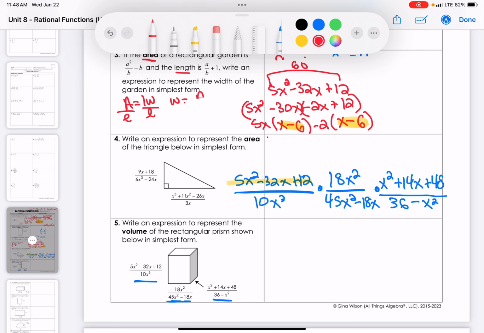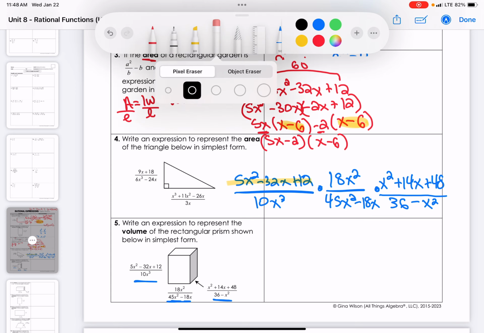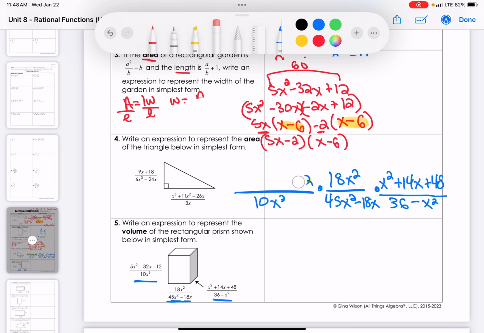All right, I'm left with 5x minus 2 times x minus 6. So I'm going to erase this part and replace it with that. All right, that was my first factor. Now I'm going to take care of this one.